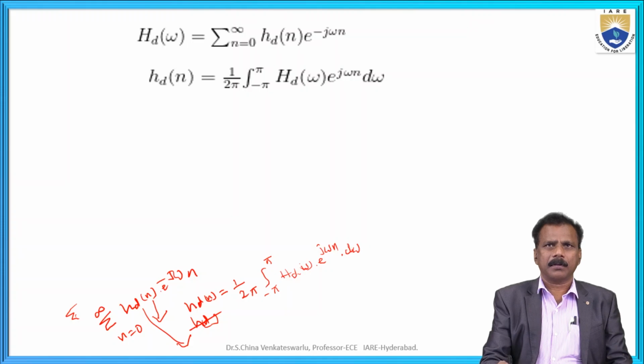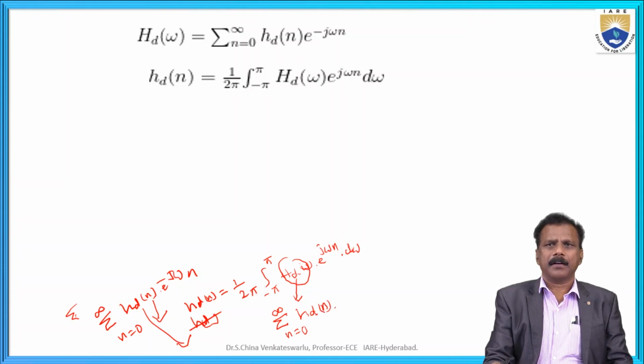With this, you have to analyze Hd of omega, which is the summation where small n is equal to 0 to infinity of small hd of n into e power minus j omega n.